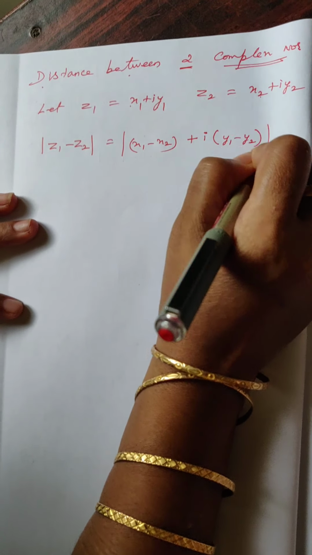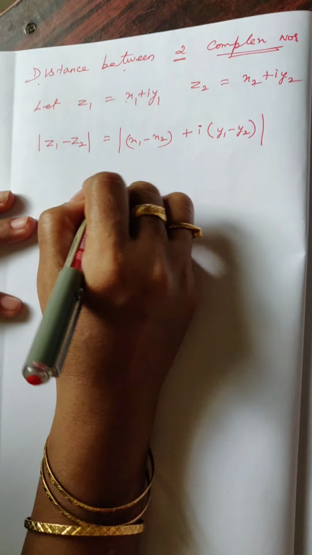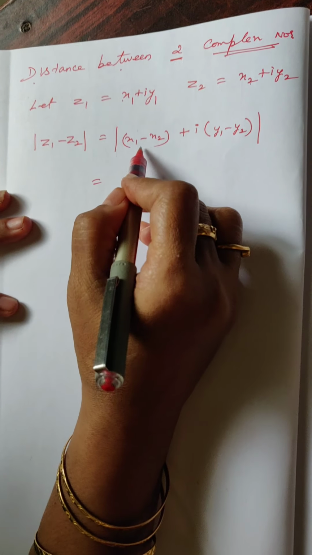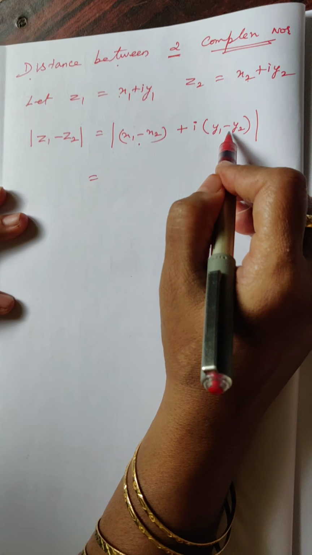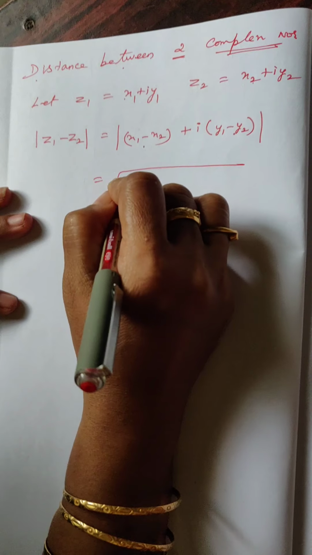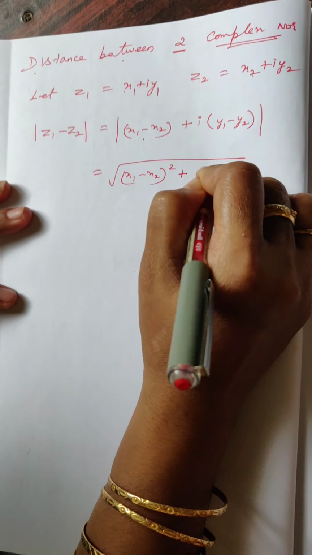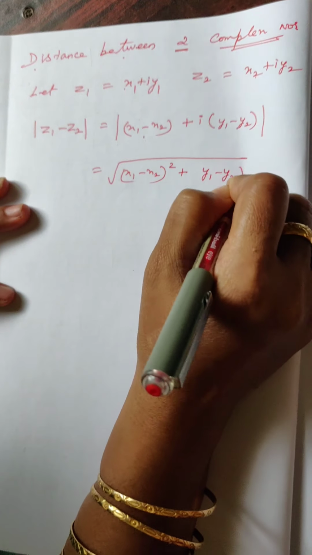Here it is in brackets, be careful, and it is modulus. What is the meaning of modulus? Squaring the real part and squaring the imaginary part, taking the square root. So root of x1 minus x2 the whole square plus y1 minus y2 the whole square.